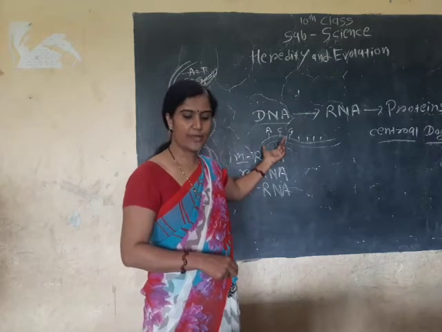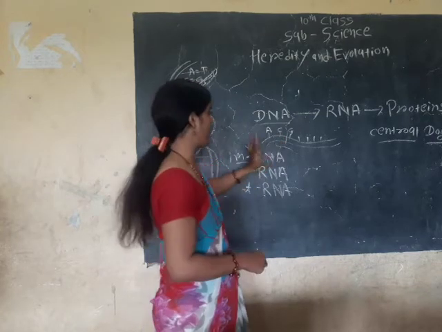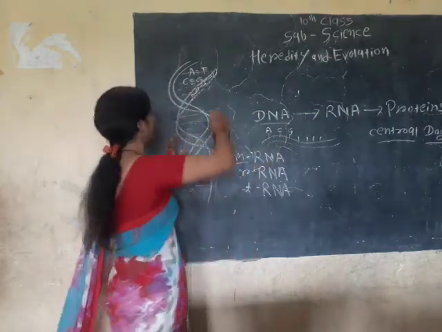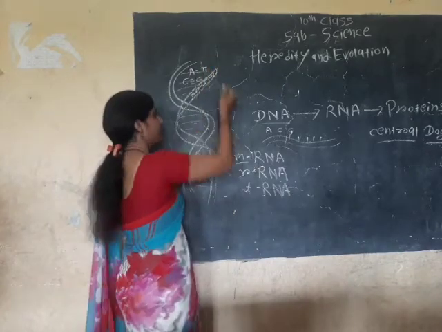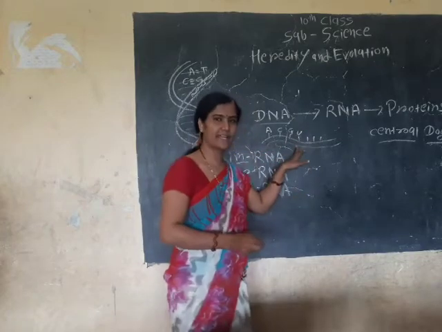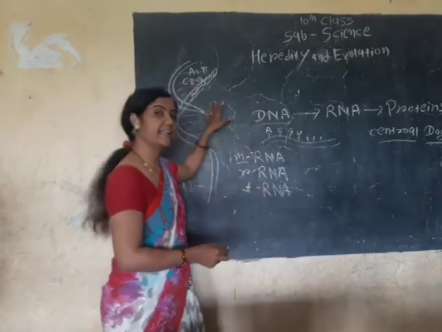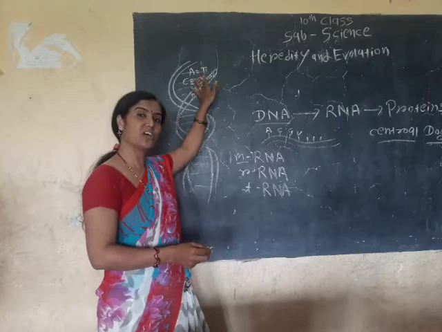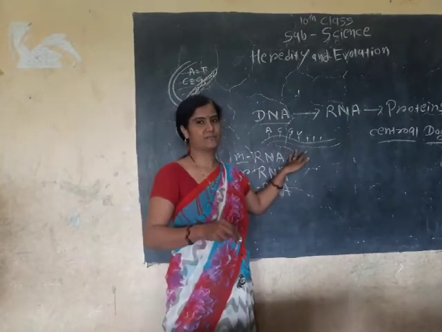Besides, there is uracil in RNA instead of thymine. In DNA there is thymine; instead of that, in RNA uracil is present.